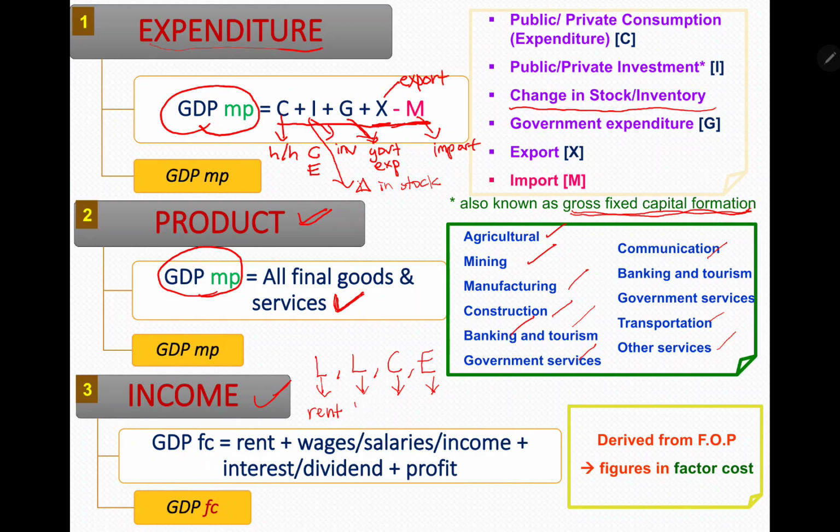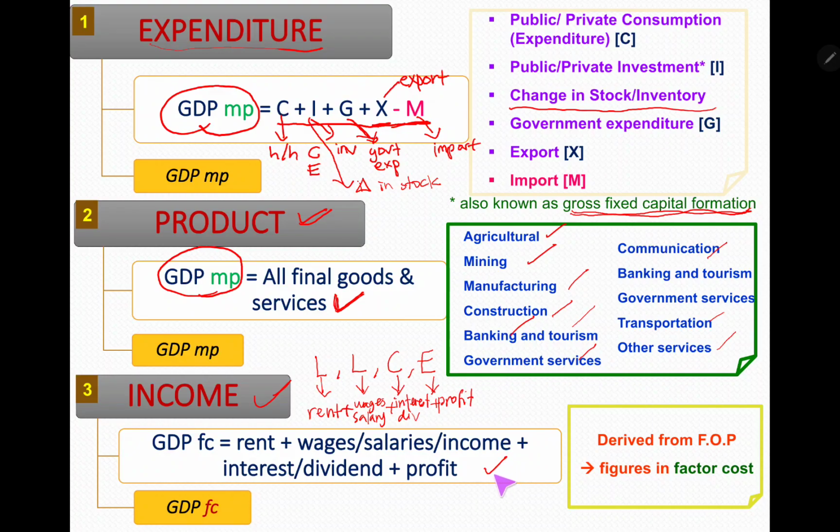For labor, the return will be in the form of wages or salaries or income from employment or income from self-employment. For capital, the return will be in the form of interest or dividend. Finally, for entrepreneur, the return will be in the form of profit. So when you add the returns for the factors of production, it will become the formula for the income approach.